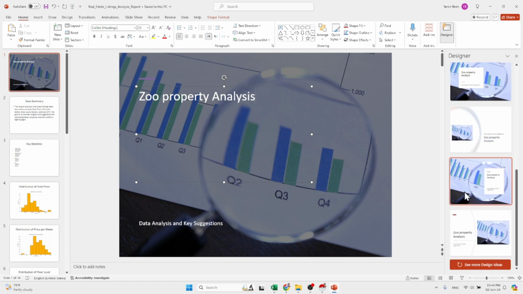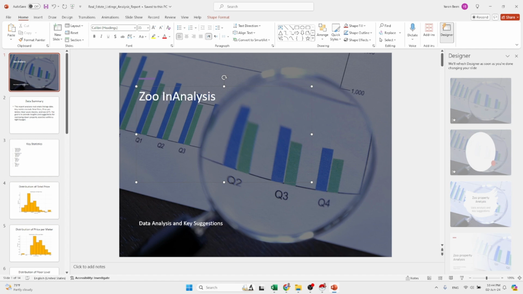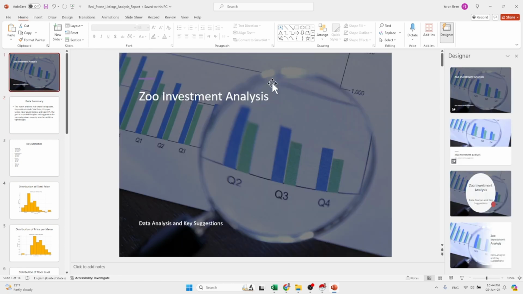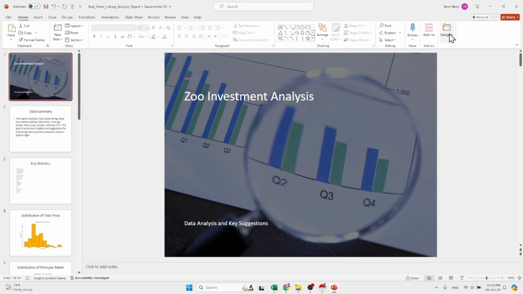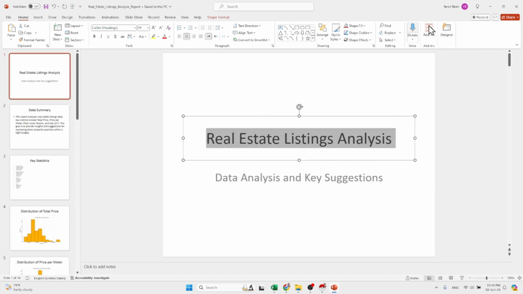Okay, zoo property analysis, zoo investment analysis. Let's see. Even if it's not crucial. Never mind. Not crucial. But this was amazing. It really generated the real estate analysis very, very fast.